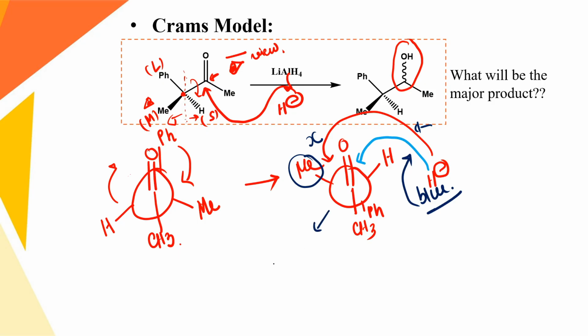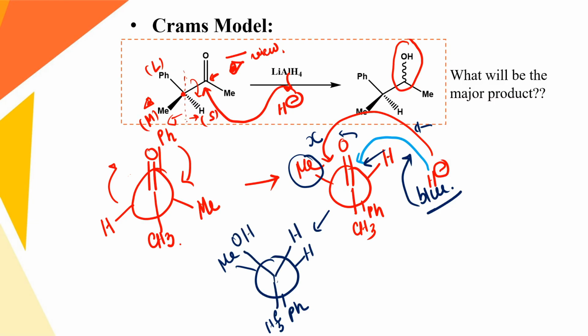So the final product will be, the back carbon will keep intact, this will have methyl here. Now since this is attack from this side, the OH will be pushed out to the methyl side, OH, and here will come H. Now we have to make this again in the staggered position because it is again eclipsing, or we can keep it that way also, but since we have to get back that particular geometry, we have to rotate in such a way.